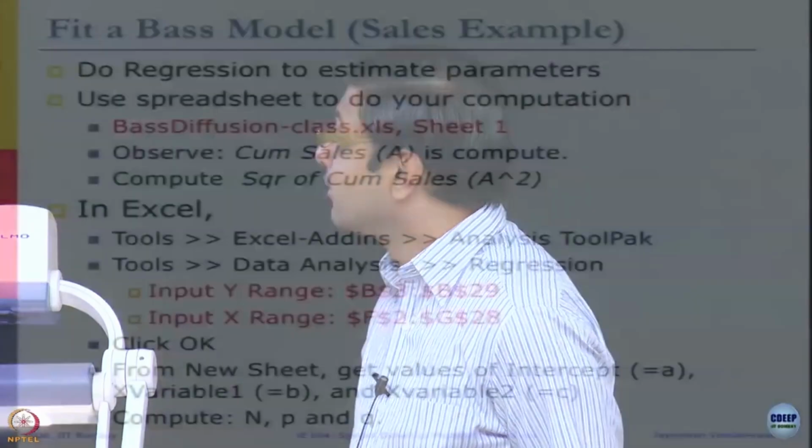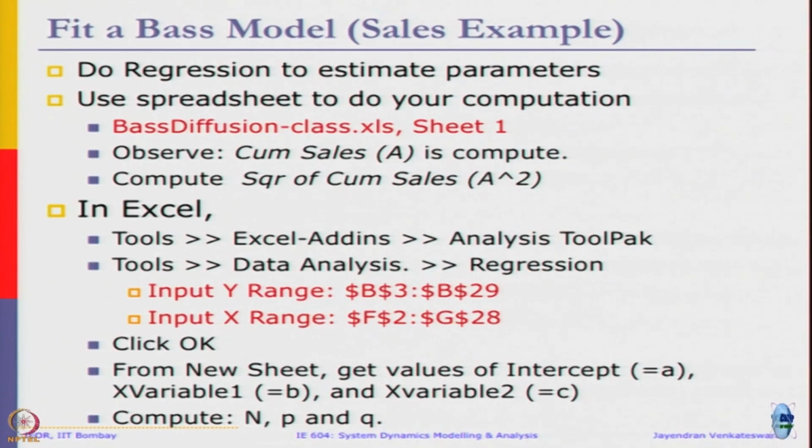You just have to include the squared column and use the regression, just follow the instructions, because the regression needs both columns, the cumulative sales column as well as the squared column, selected so that the parameters can be fit.